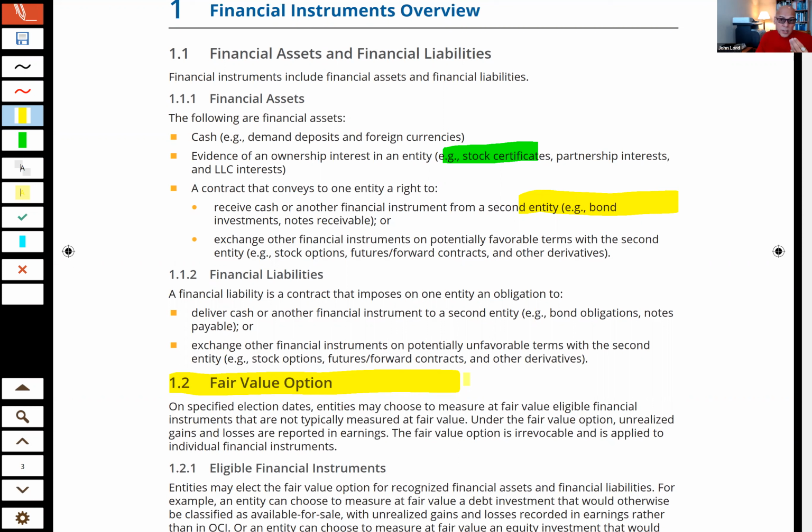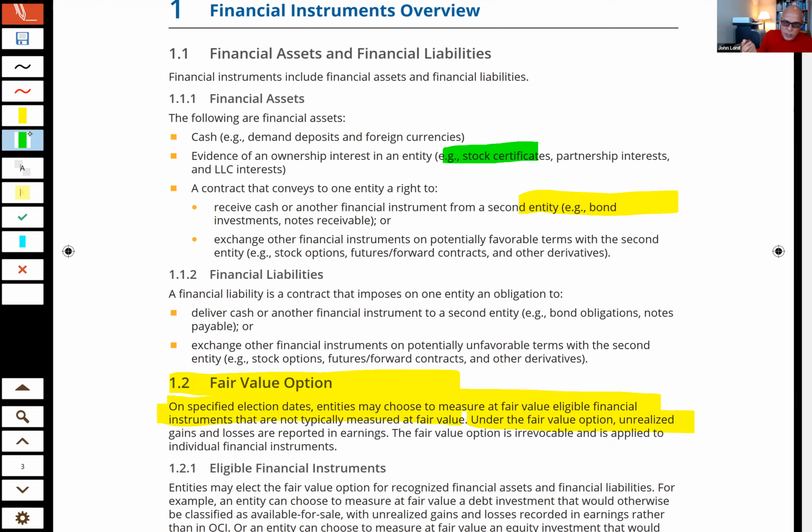So under the fair value option, if a company chooses that, for things that are typically not carried at fair value, for bonds available for sale and held to maturity, and for stocks that you would normally have used the equity method for, you can use the fair value method.